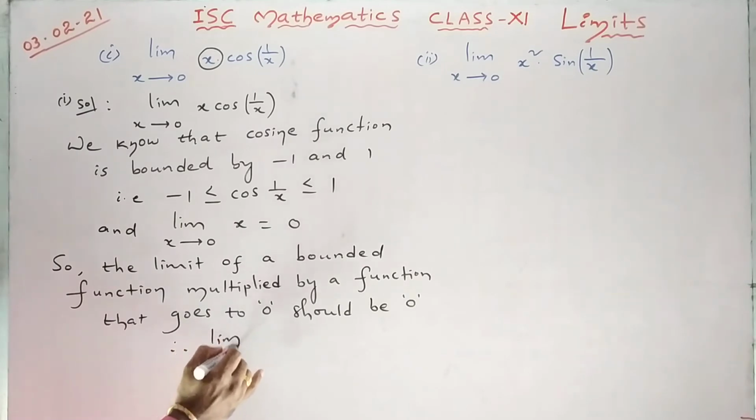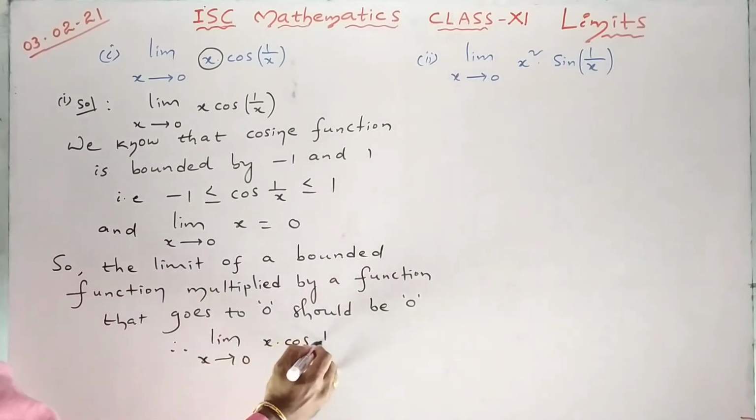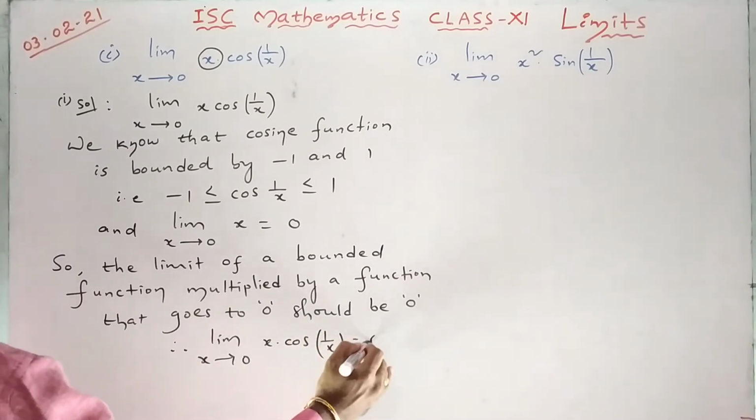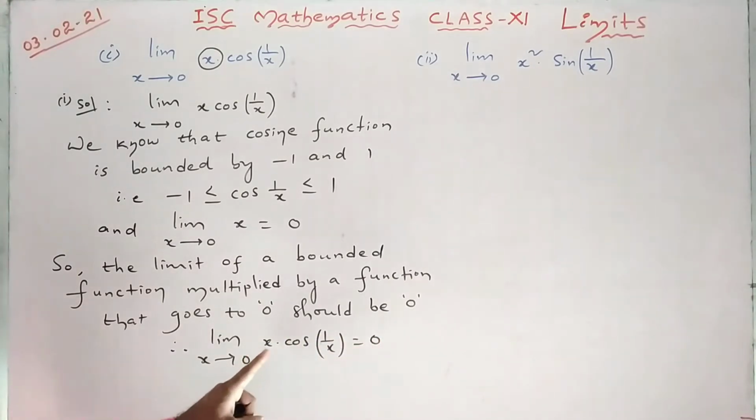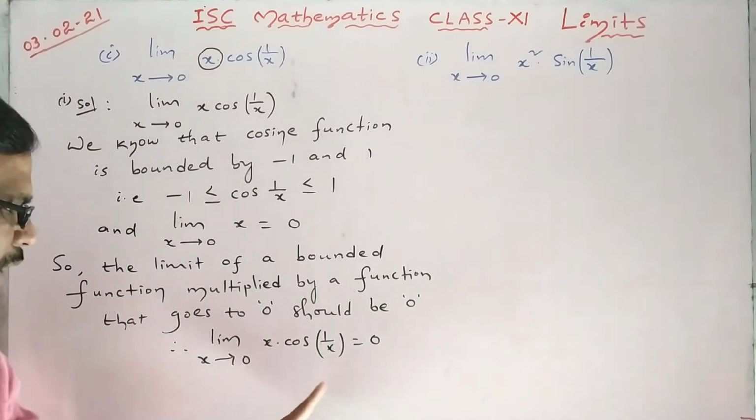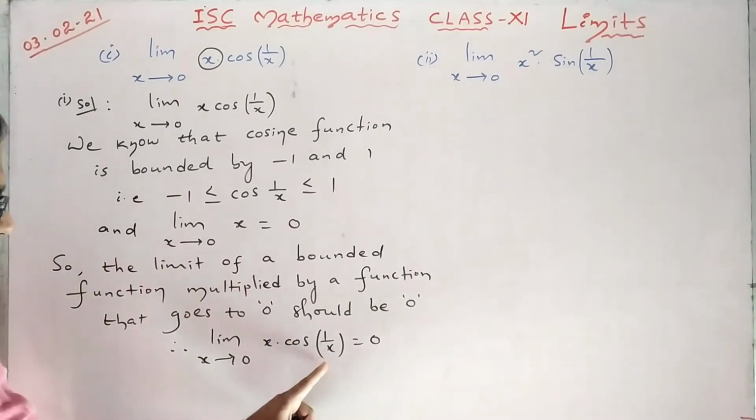Therefore limit x tending to 0, x cos 1 by x value is 0. This limit is 0 into, this is a bounded function, always oscillates between -1 and 1. So 0 into something, it becomes 0.